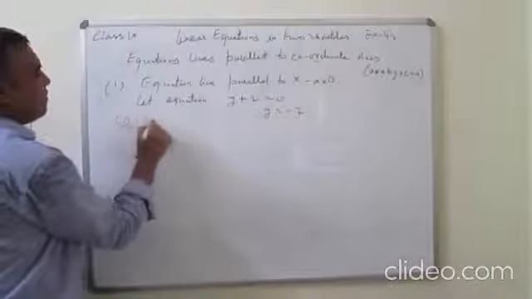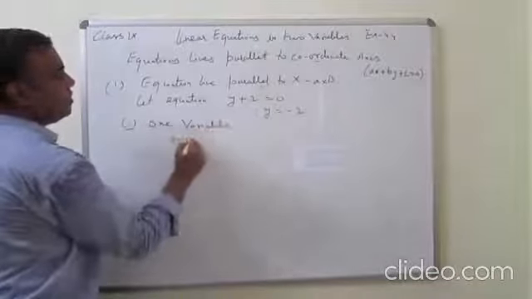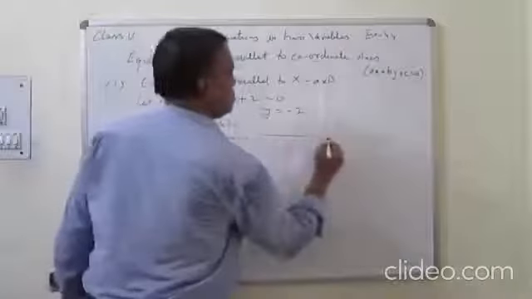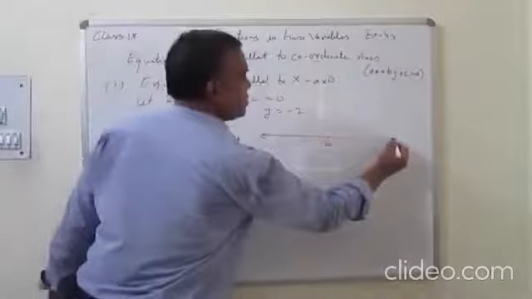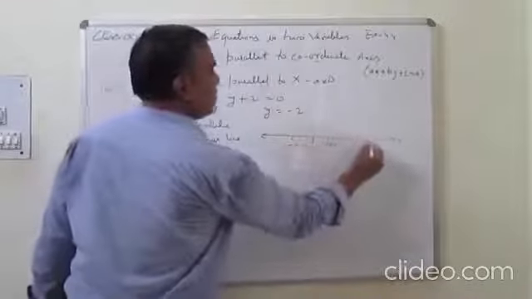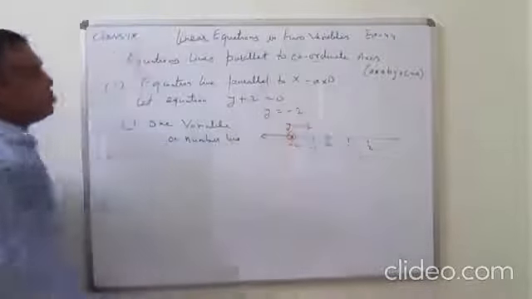First we draw in one variable, that is on the number line. So draw a straight line, this is 0, extended in both directions. So it is 1, minus 1, 1, 2. So this is called y is equal to minus 2.